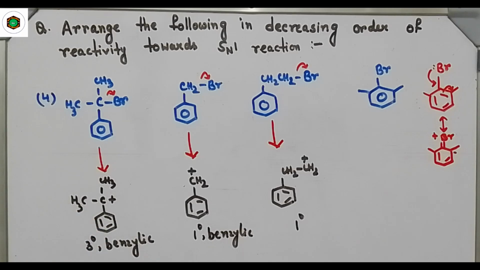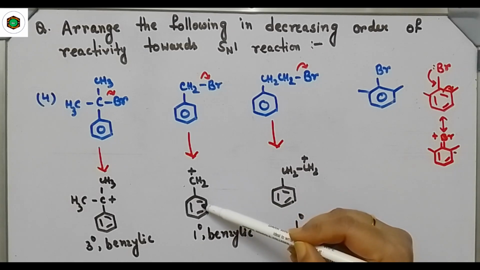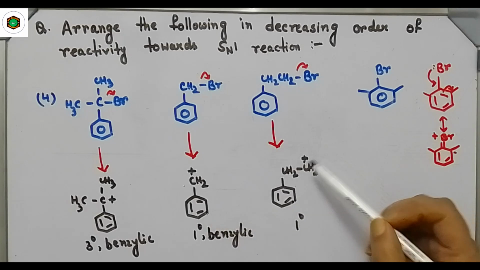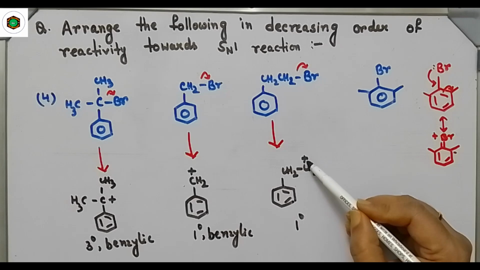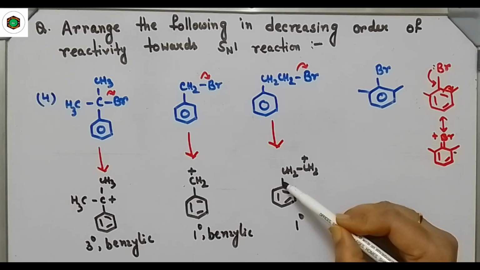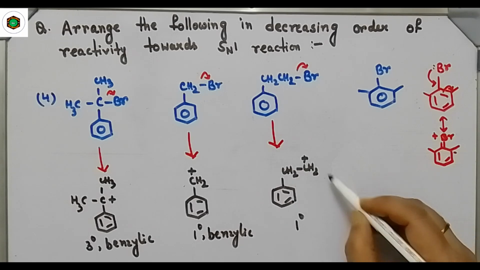Here resonance is there with the benzene ring because positive charge, single bond, double bond are in conjugation. And here resonance is not possible with the benzene ring because positive charge, single bond, then benzene ring is there. But here hyperconjugation with these hydrogen atoms will take place.